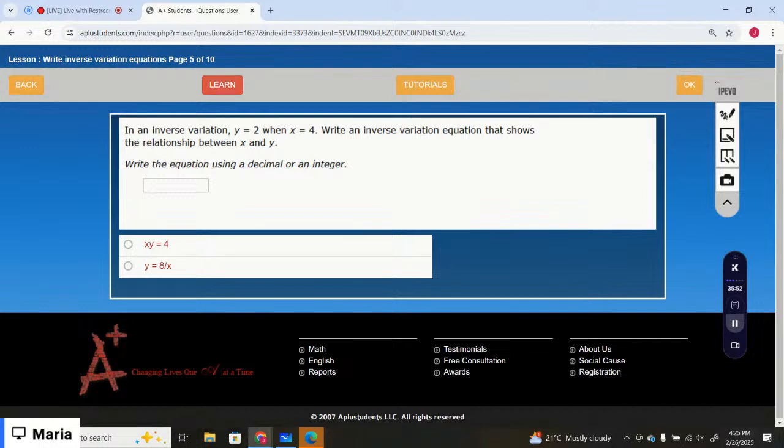In an inverse variation, y equals 2 when x equals 4. Write an inverse variation equation that shows the relationship between x and y.